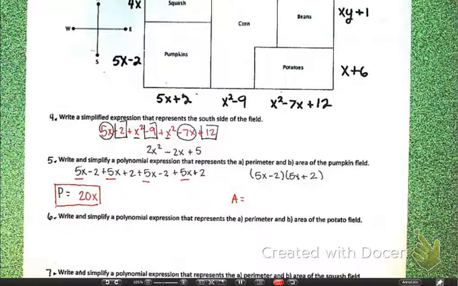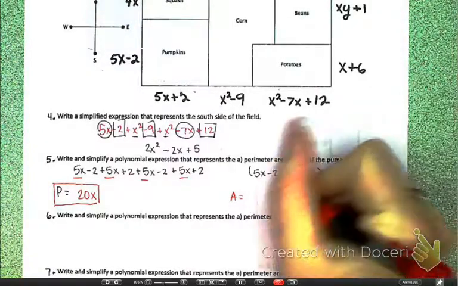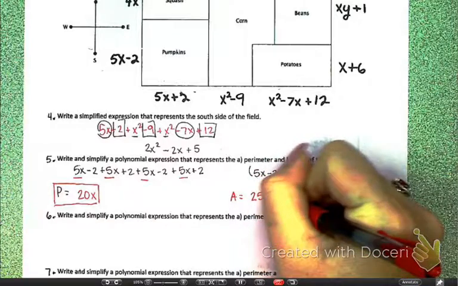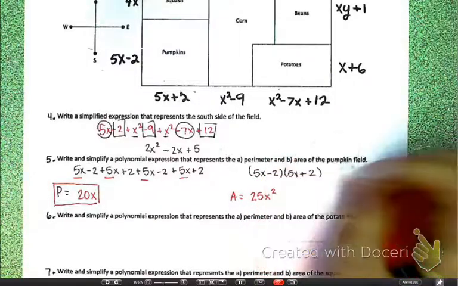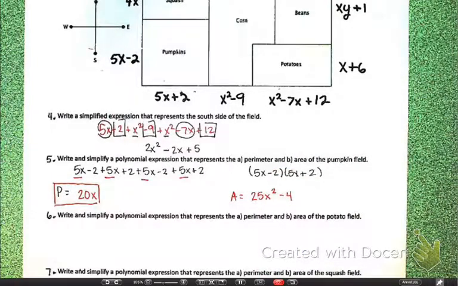I noticed that it's one of my special products. It's known as difference of squares, which I think you were given yesterday, which means I can use the trick and tell you that the answer is 25x squared minus 4. If you use distribution or box, you should have gotten the same answer.